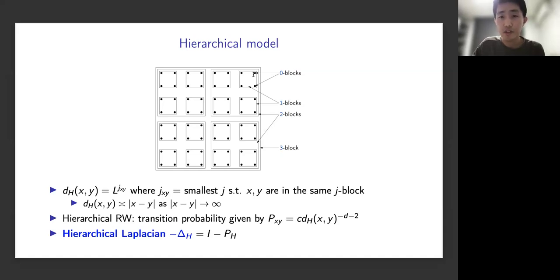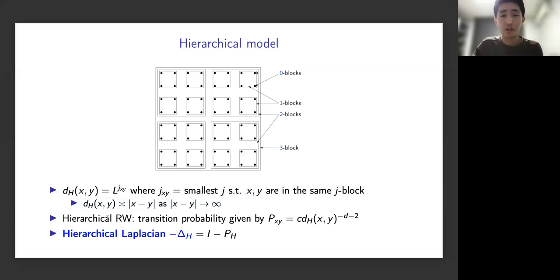The 0-blocks are simply points, 1-blocks are 2 by 2 blocks, 2-blocks are 4 by 4 blocks, and 3-blocks are 8 by 8 blocks. The important fact is that the hierarchical distance is asymptotic to the usual Euclidean distance when x minus y tends to infinity. That is the reason why we expect the hierarchical model is not too different from the usual model.